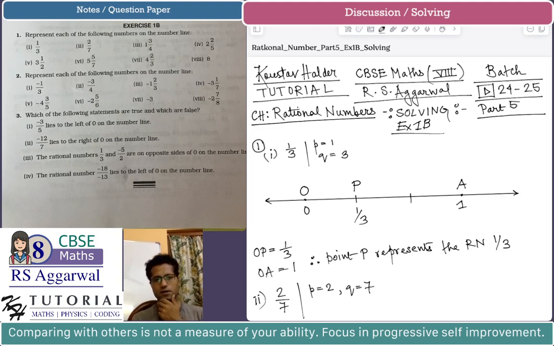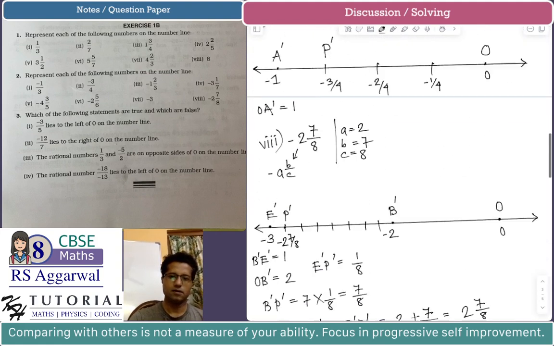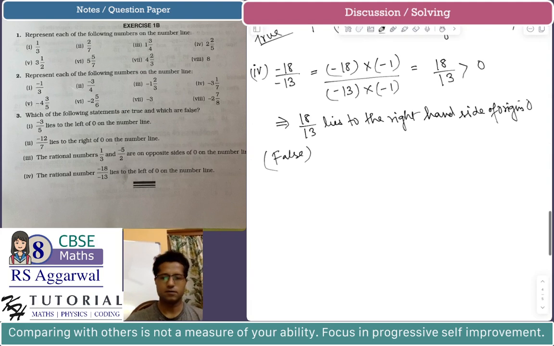Just remember one thing, that if you are given an improper rational number, let's say you are asked to represent the rational number 24 by 7 on the number line. Since it's an improper fraction, because the numerator is greater than the denominator, you first convert it into a mixed fraction. This will be 3 and 3 by 7.